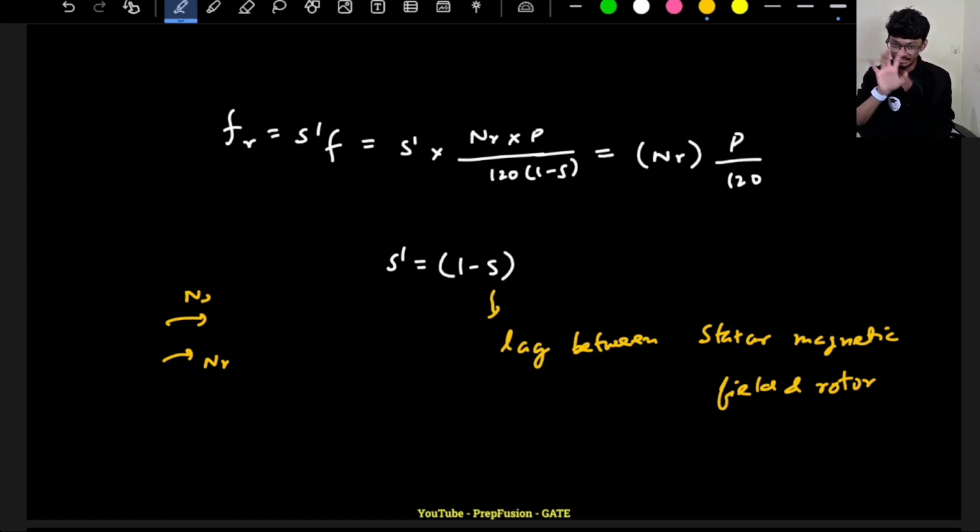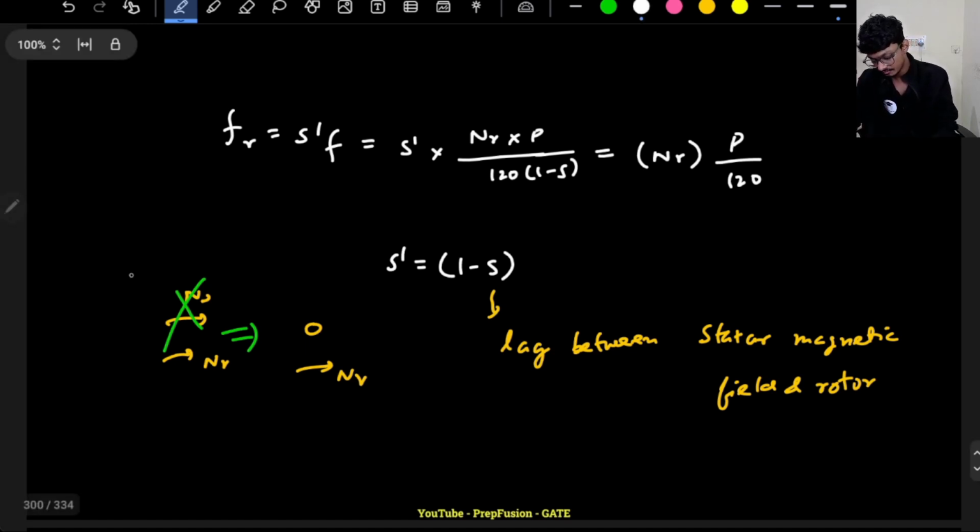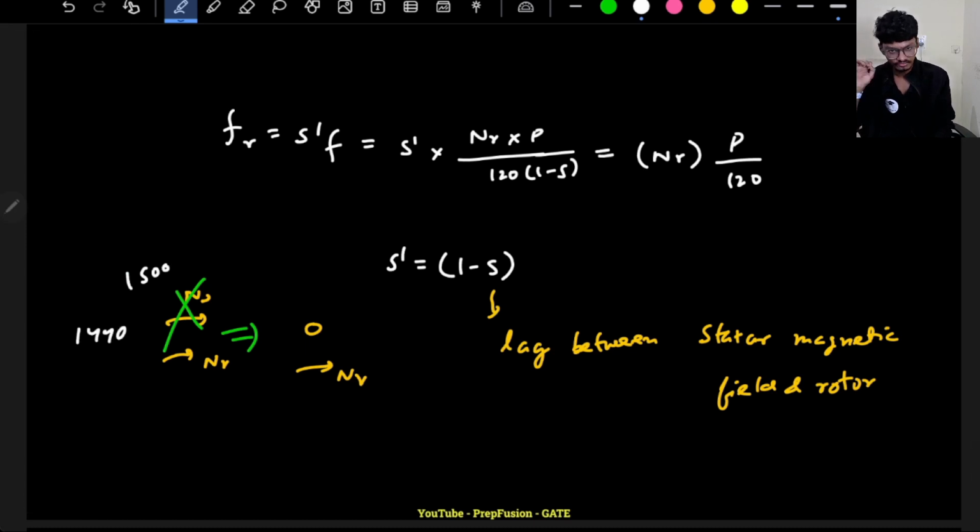Okay, lot of confusing terms, but all these have been taught to you. But suddenly what I did is I made the NS to be 0. If NS is suddenly 0, the rotor is still rotating with NR speed, but stator is stationary, right? So the relative speed will be much higher. Because at full load, if the NS is 1500, generally the full load speed of the rotor is 1440, something like that.